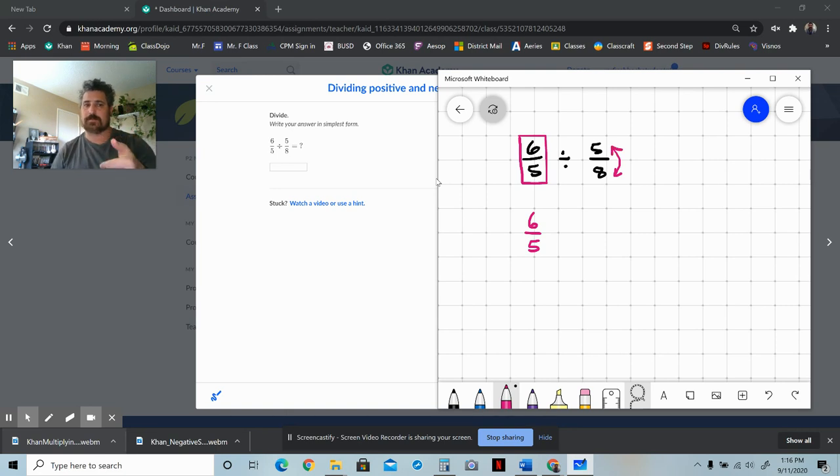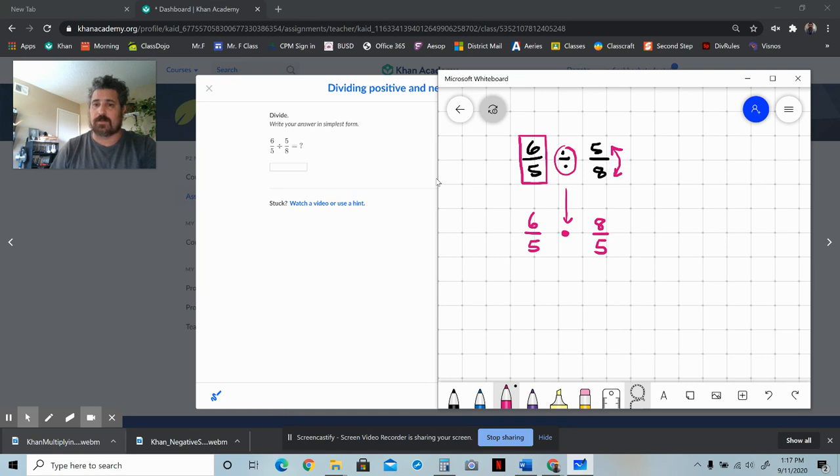So flip it top to bottom. And so 5/8 becomes 8/5. In other words, if you're dividing by 5/8, it's the same as multiplying by 8/5. And you're going to change division to its inverse operation, multiplication. So ultimately, when you have 6/5 divided by 5/8, it's exactly the same as saying 6/5 times 8/5.